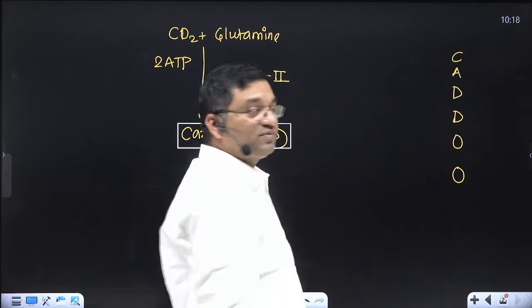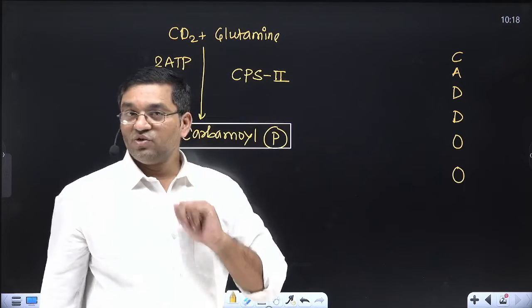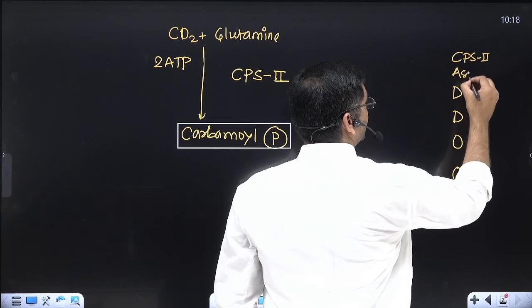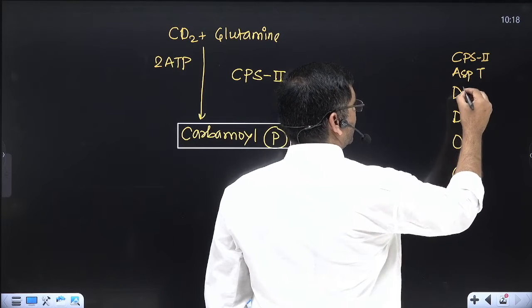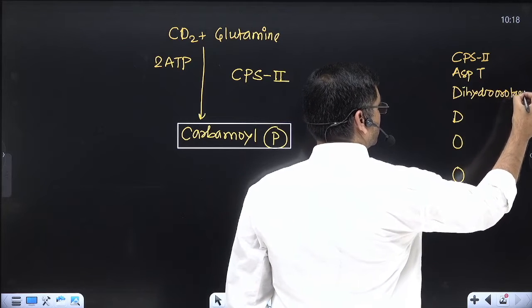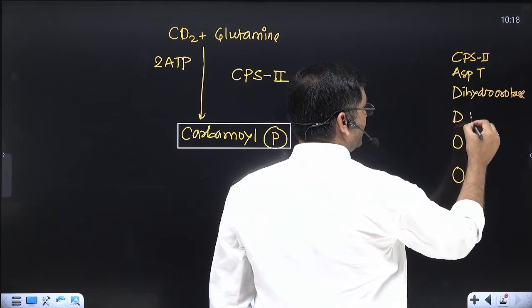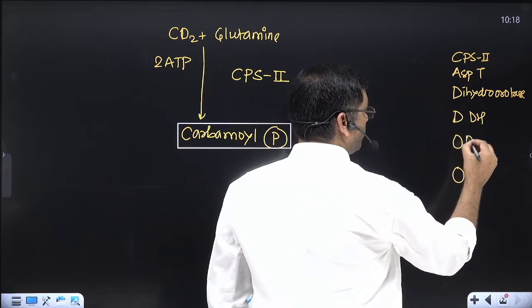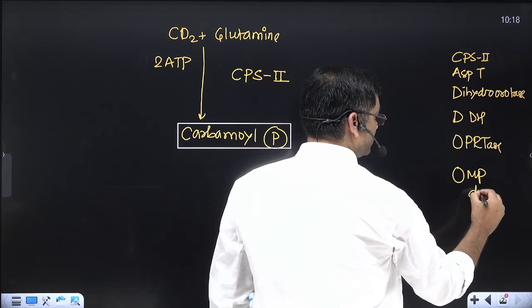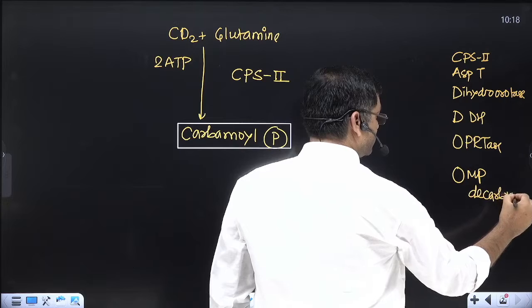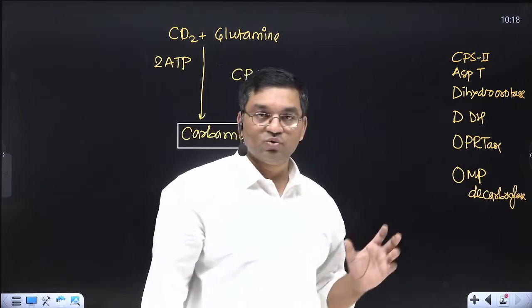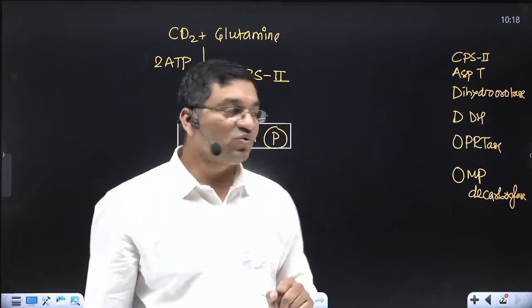These are the enzymes of pyrimidine nucleotide synthesis: CPS2, aspartate transcarbamylase, dihydroorotase, dihydroorotate dehydrogenase, OPRtase, and OMP decarboxylase. So these are the enzymes of CAD-DO2.